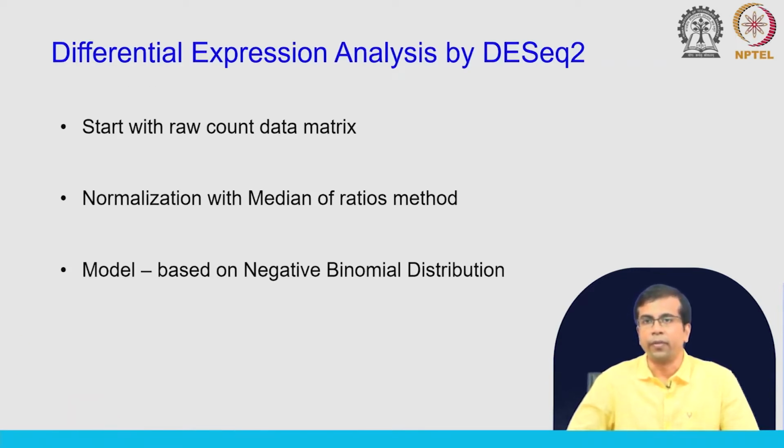Just to briefly summarize what we discussed in the last class regarding DESeq2. DESeq2 starts with a raw count data matrix. It utilizes a normalization method, the median of ratios method, which can take care of some of the technical variations in the data. And then it uses a model that is based on the negative binomial distribution.